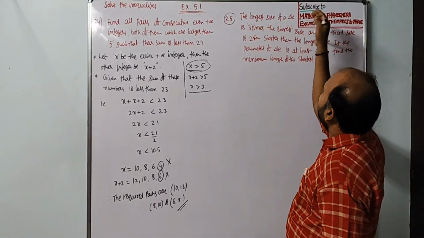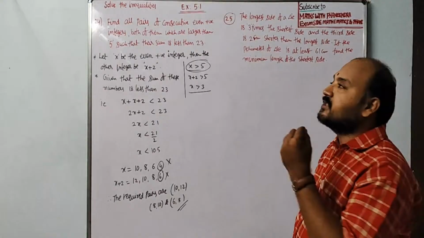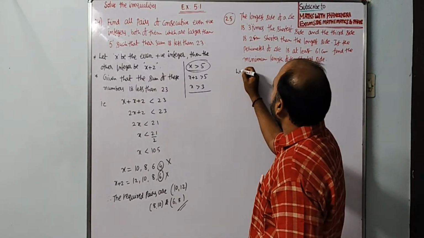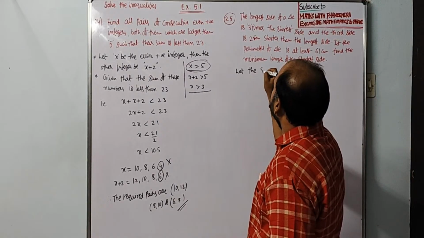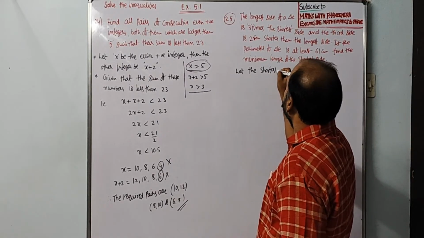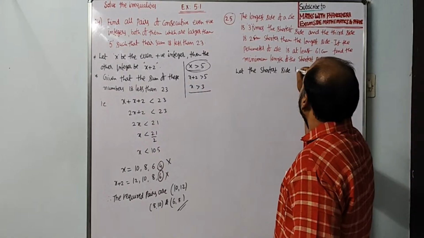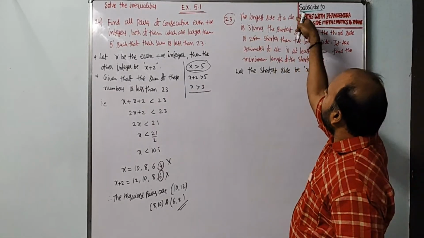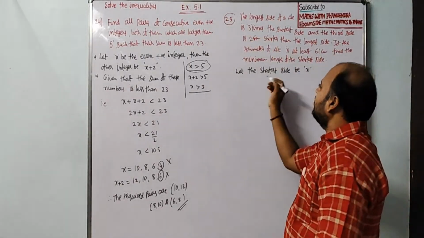The longest side of a triangle is 3 times the shortest side. Let us consider the shortest side be x. The longest side of a triangle is 3 times the shortest.